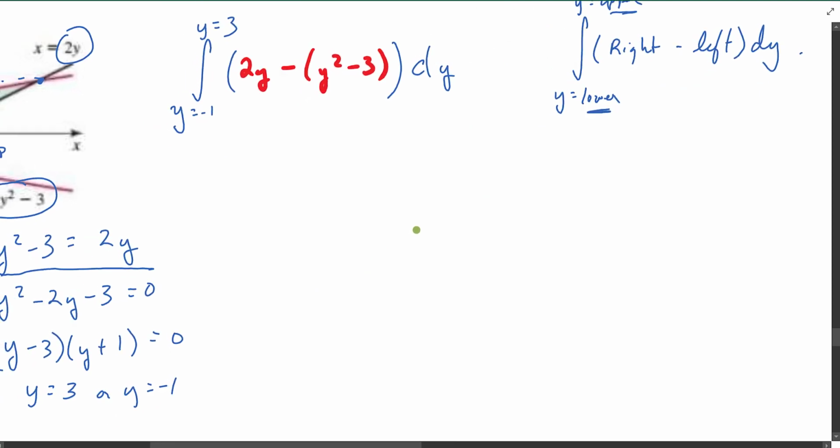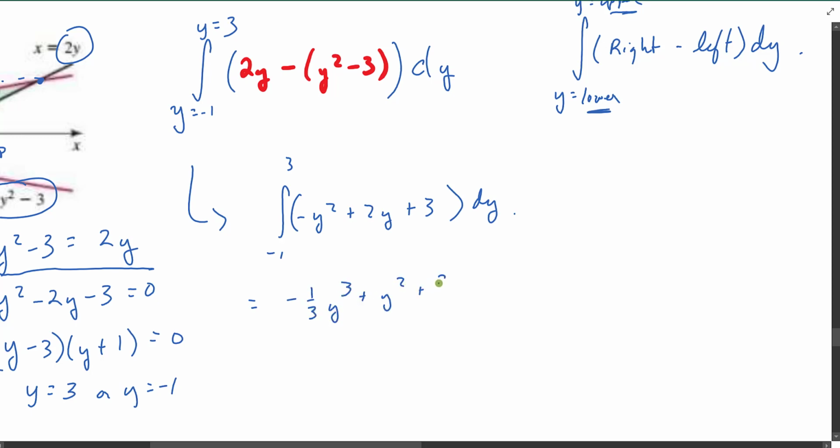Okay. So let's go ahead and do this. Evaluating this integral, we get, let's see, the integral from minus 1 to 3 of negative y squared plus 2y plus 3. We're integrating with respect to y. When we do so, we get minus 1/3 y cubed plus y squared plus 3y.